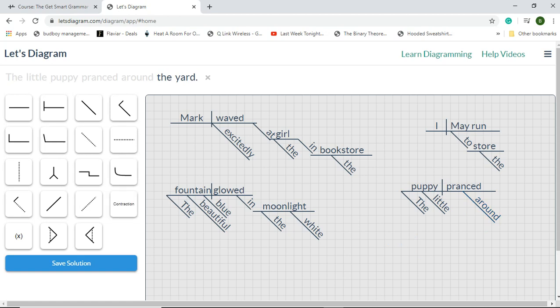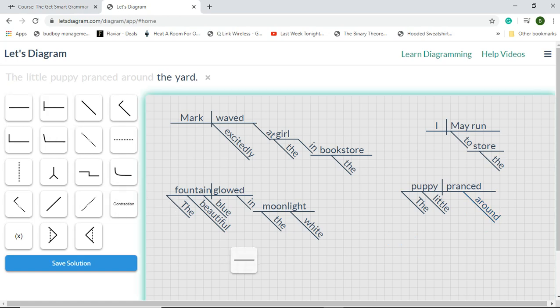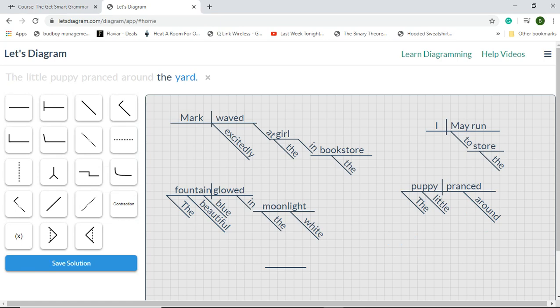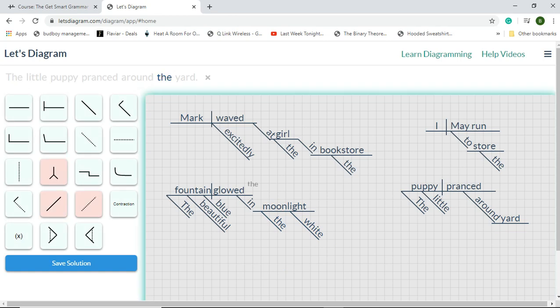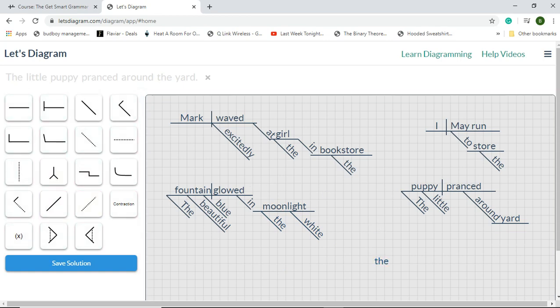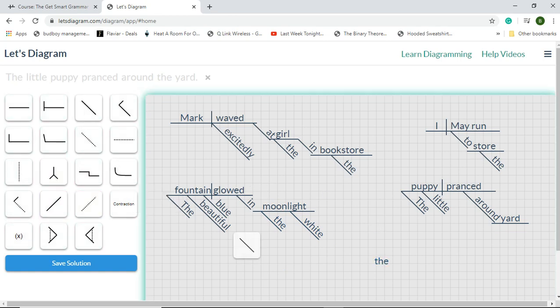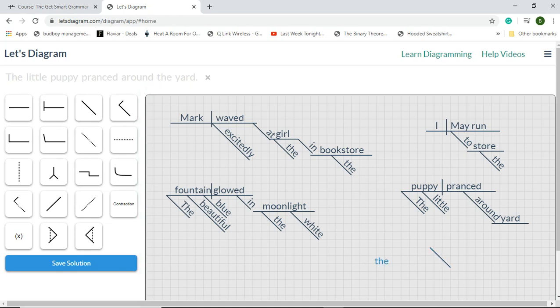We have yard, which is the object of the prepositional phrase. And then we have the, which is an adjective modifying the object of the preposition, which is a noun, yard. The modifies yard. Which yard? The yard. Okay?